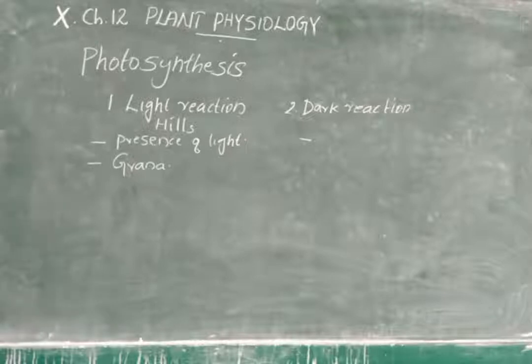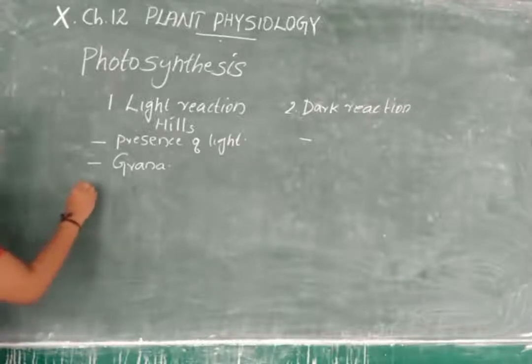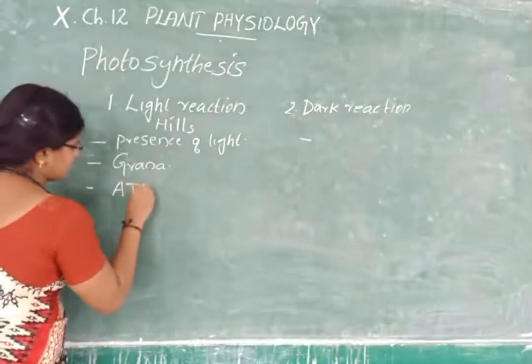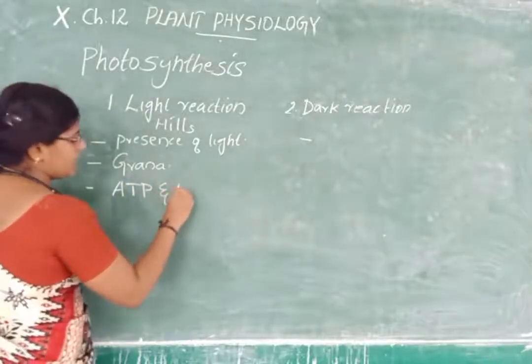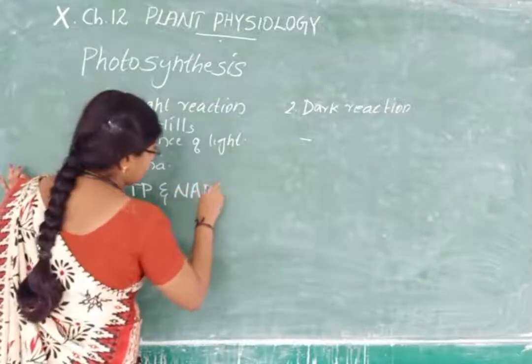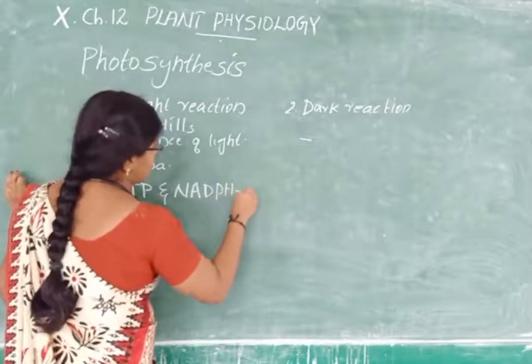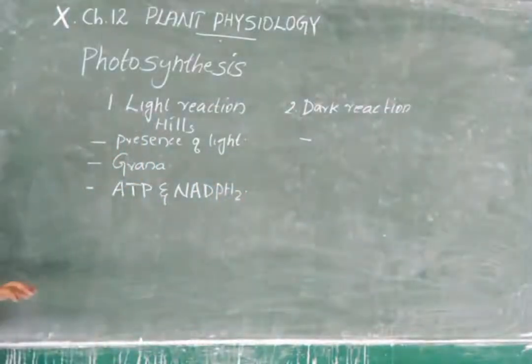So in light reaction, what happens? It absorbs the light energy and converts it into ATP and NADPH2, which are the output of the light reaction.